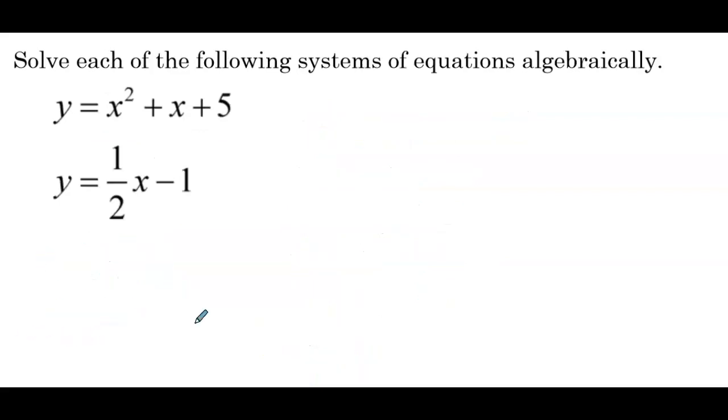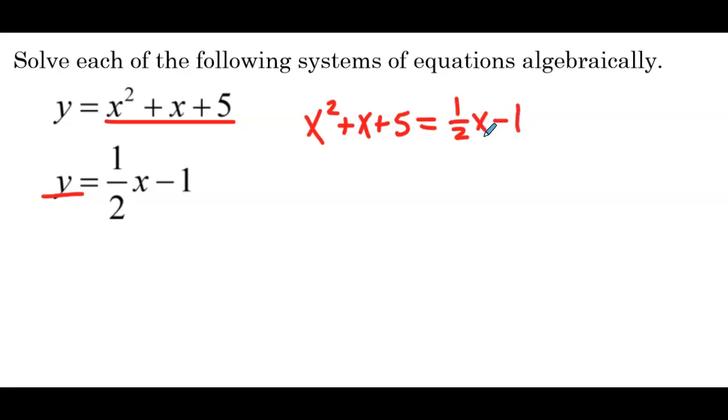Perfect. Next up, we have y equals x squared plus x plus 5 and y equals 1/2 x minus 1. So again, let's substitute x squared plus x plus 5 in for y in the second equation. I think that was a little bit easier. So we have x squared plus x plus 5 equals 1/2 x minus 1. Well, I really would rather not work with a fraction in this equation. So let's multiply both sides of the equation by 2.